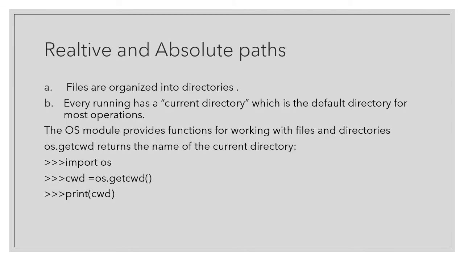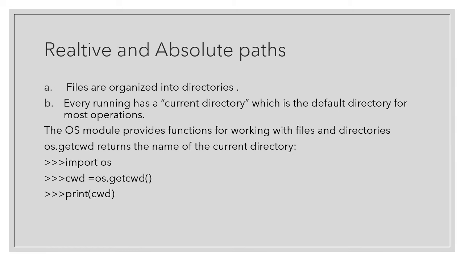The next topic is relative and absolute paths. Why are we using these things? What is the use of relative and absolute paths? First, we have to know about directories. Files are organized into directories, also called folders.